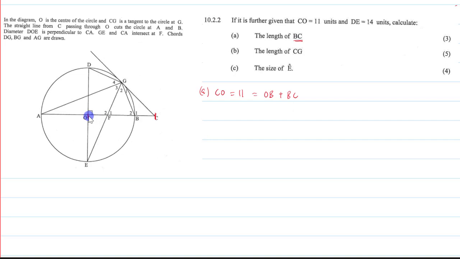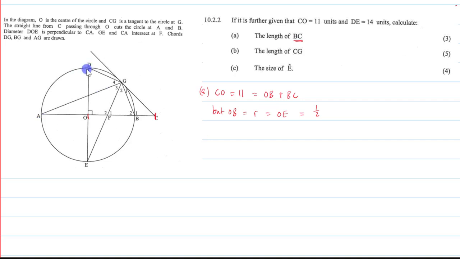I've gone from O to B up to that point and then plus the BC, that tells us it's C to O. But OB is equal to the radius R of the circle, and it's going to equal OE, and that's equal to half of this line here, D to E.